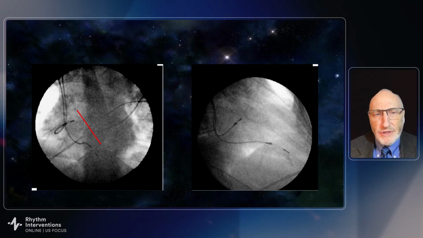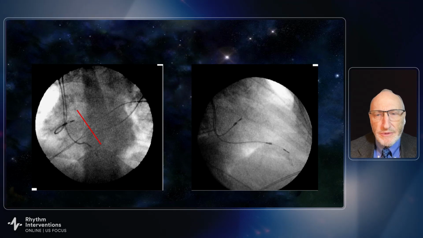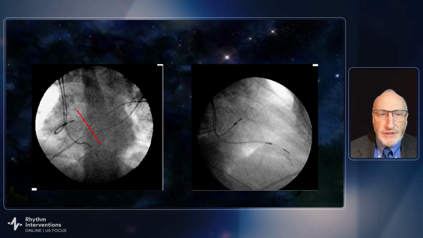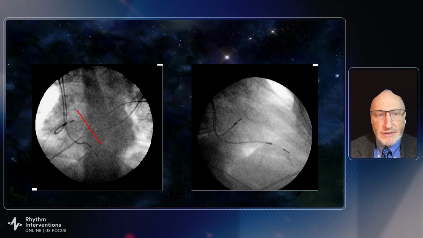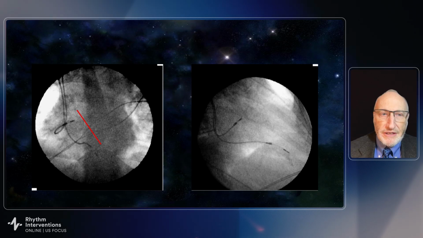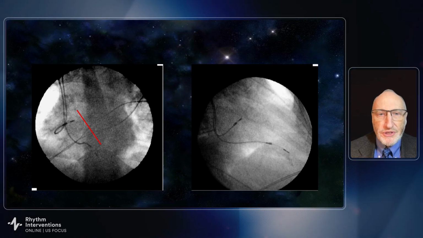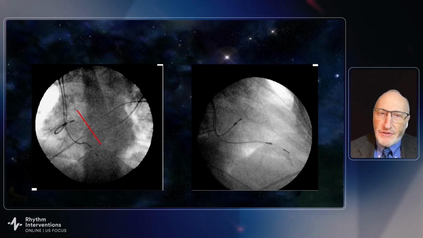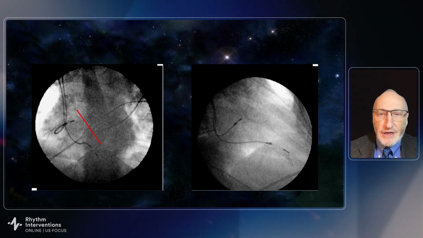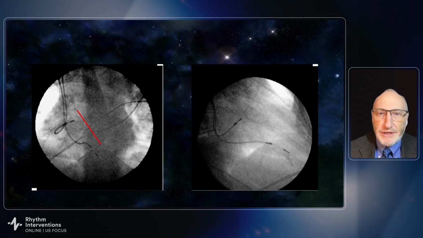So we started placing leads at Bachmann's bundle, and we defined it primarily anatomically. The lead needed to be placed in the septal region, high in the septum. In the LA view, it was pointing towards the septum, and in the RA view, it was pointing anterior. So superior, anterior, and septal was the target.